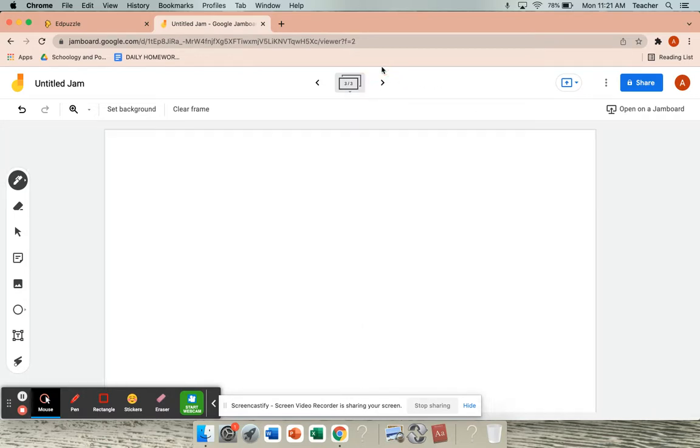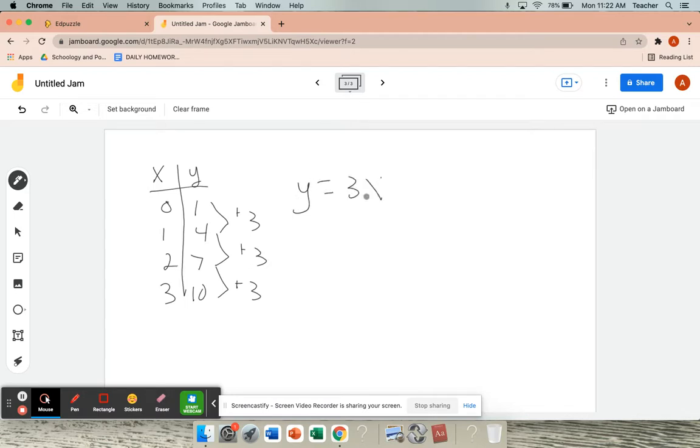Let's try another one. And so here's our other t-chart. I'm going to look at the pattern. 1 to 4 is +3. 4 to 7 is +3. 7 to 10 is +3. So we're going to have y equals 3x.